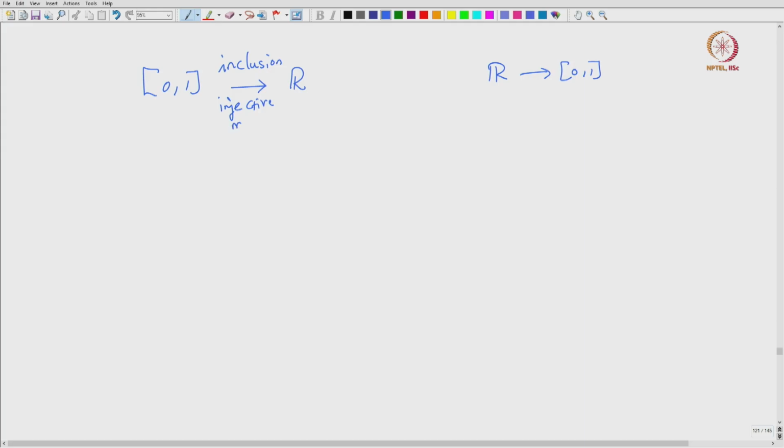So, that means the cardinality of closed [0,1] must be at most the cardinality of R. So, now if you are able to find an injective function from R to closed [0,1], then we are indeed done.